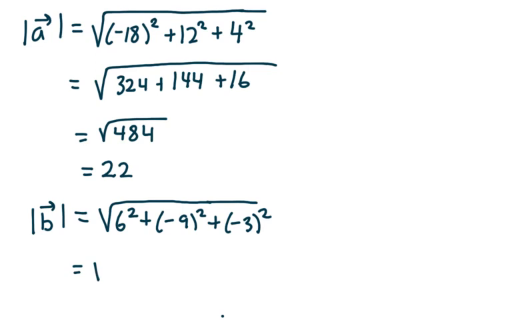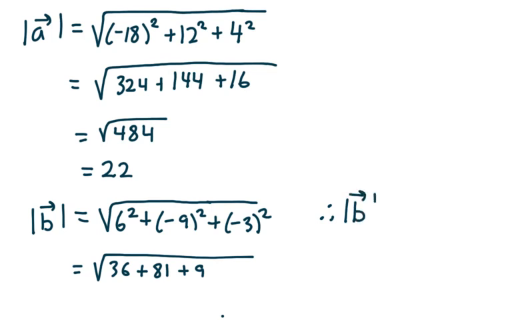And so this is the square root of 36 plus 81 plus 9. And what that tells me is the magnitude of B looks like the square root of 126. And if we simplify that a little more, this is equal to 3 times the square root of 14.